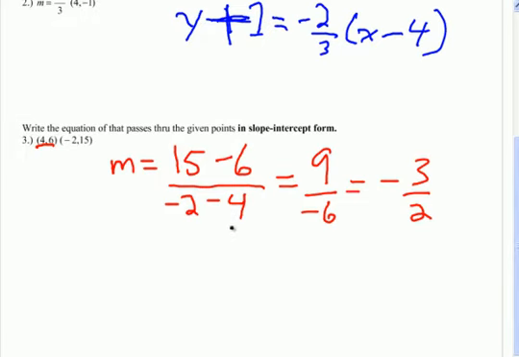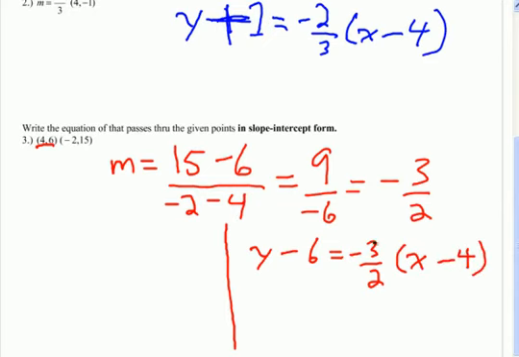I'll show you both ways to do it again. On the right I'll do point-slope form. So it's going to be y minus 6, using this point, though you could have used that point, equals the slope, negative 3 over 2, times x minus the x coordinate, minus 4. And now I'm going to distribute.